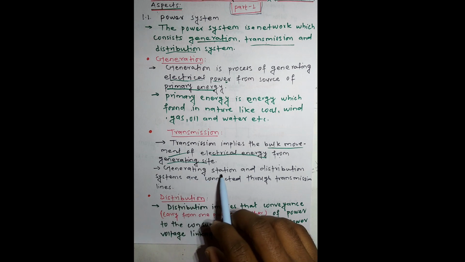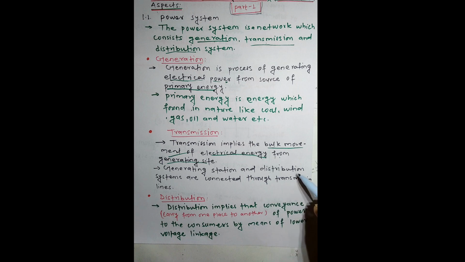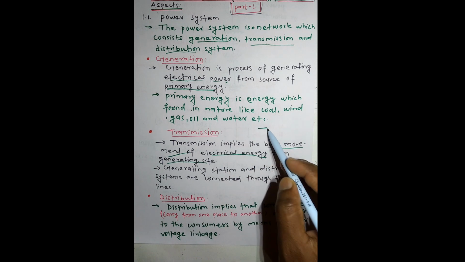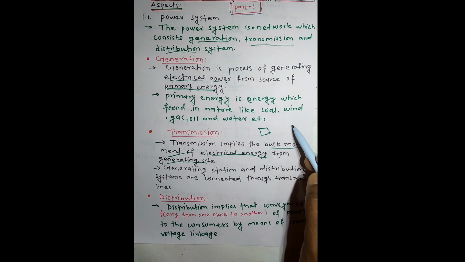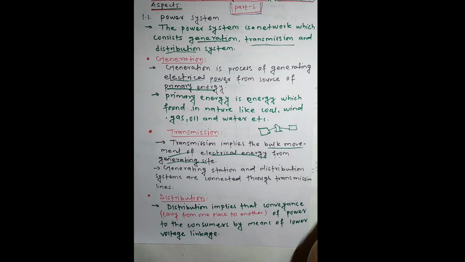The generating station and distribution systems are connected through the transmission line. Suppose this is our generating side and this is our distribution center, then we connect them through a transmission line.